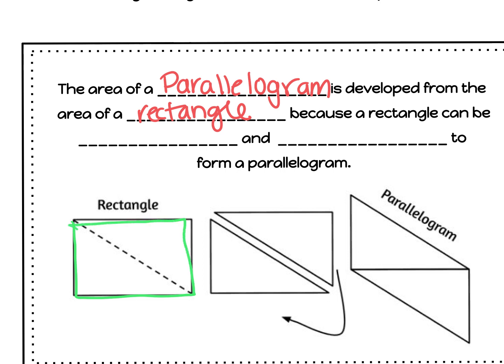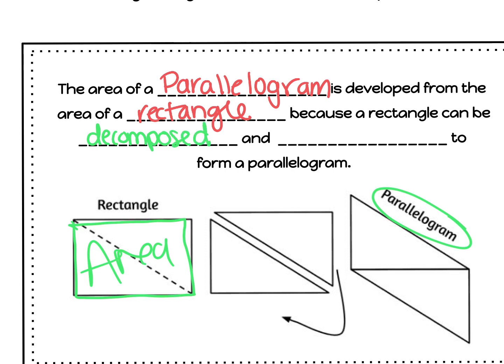If we split that rectangle in half and we kind of just rearrange it, a rectangle has the same area as a parallelogram. So the area of a parallelogram is developed from the area of a rectangle because a rectangle can be decomposed and rearranged to form a parallelogram.